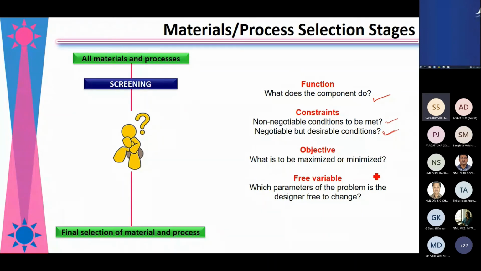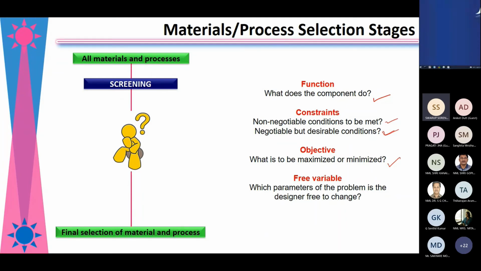For example, you want to have a maximum load bearing product, or you want to have a minimum mass component, something like that. So the objective has to be maximized or minimized. You want a reduction in cost, minimum cost you want, minimum mass you want, minimum or maximum strength you want. So based on those things, you set the objective in screening.